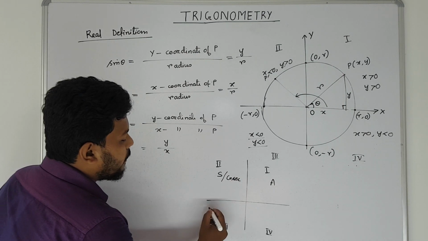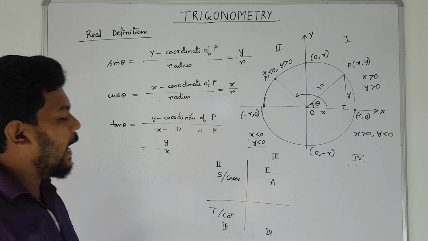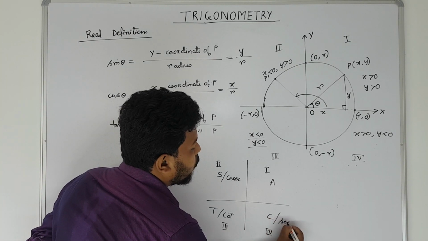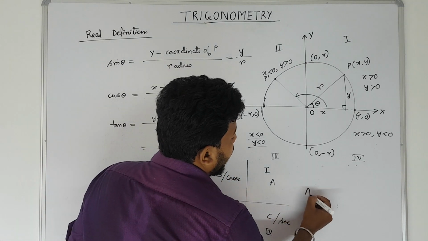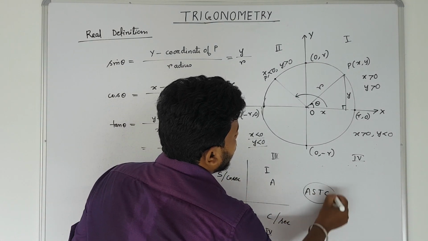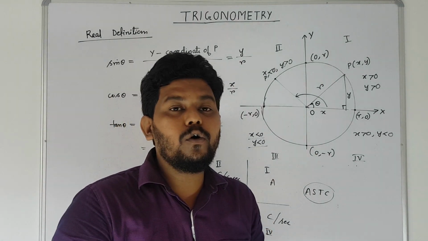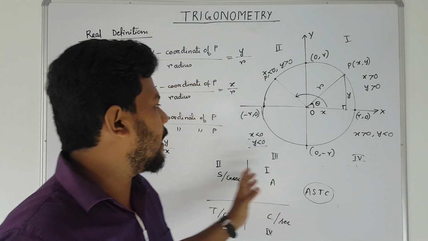In third quadrant tan positive, that means cot is also positive. And in fourth quadrant the cos is positive, that means sec is also positive. This is called the ASTC rule. Using this we can easily say in which quadrant the value of which ratio will be positive or negative.